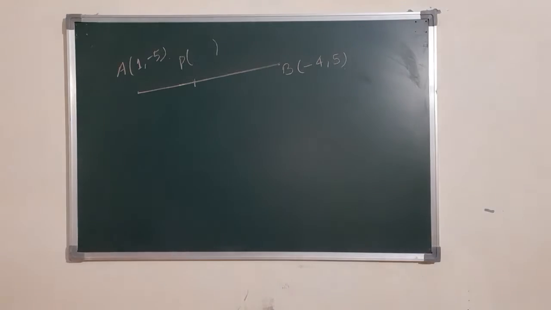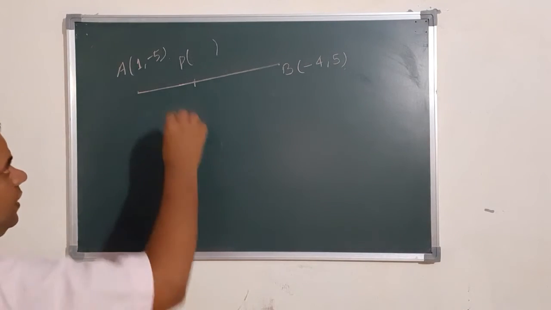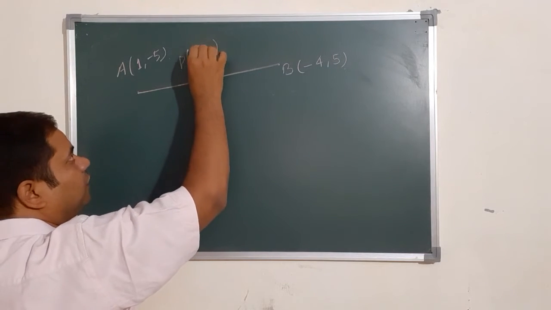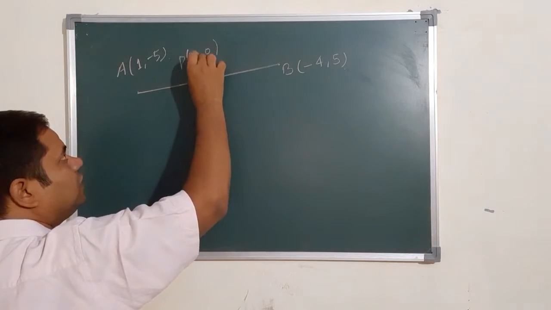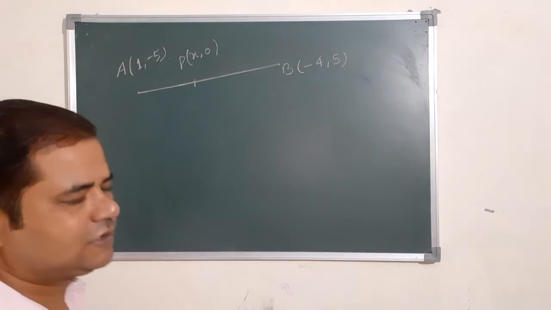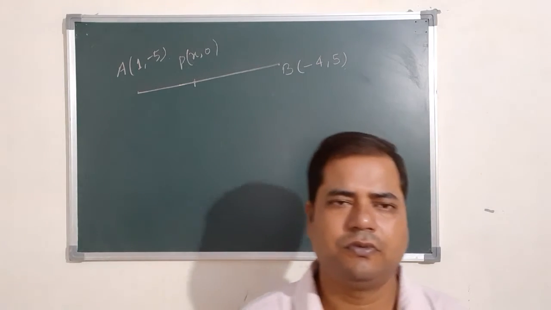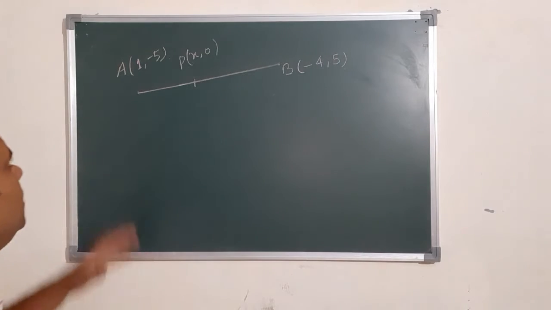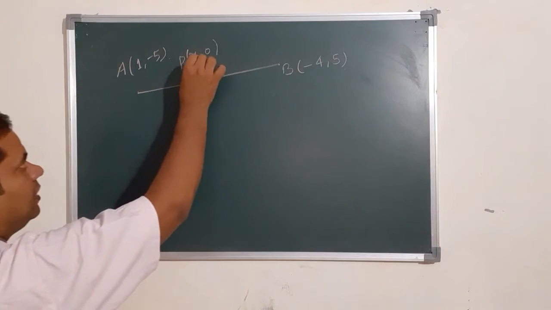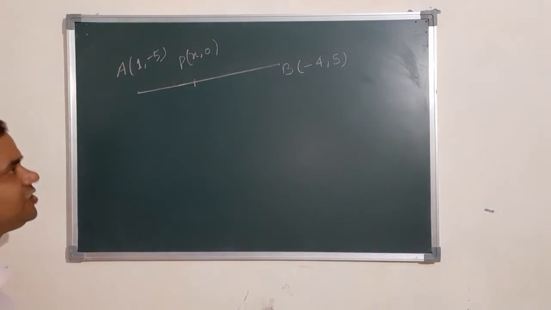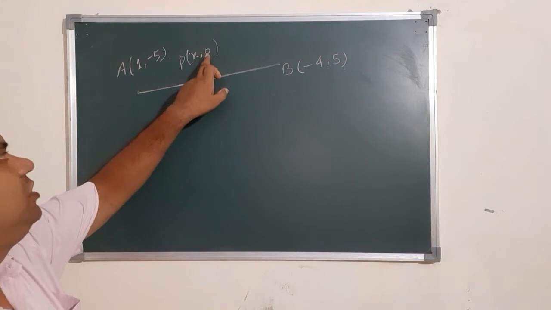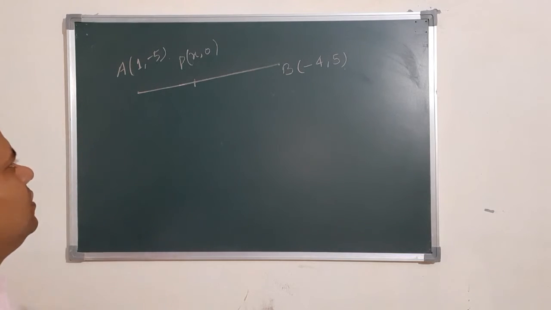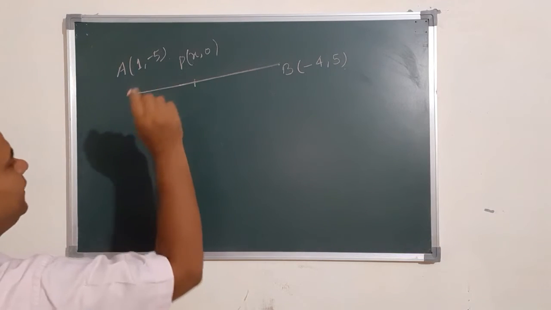Okay, so you know very well, if this point is on the x-axis, then the coordinate of the point is (x, 0), because on the x-axis y should be 0. Understood? So here we find the point (x, 0) and also the ratio. We put 0 for finding the ratio, and afterward we find the coordinate of the point, that means x.